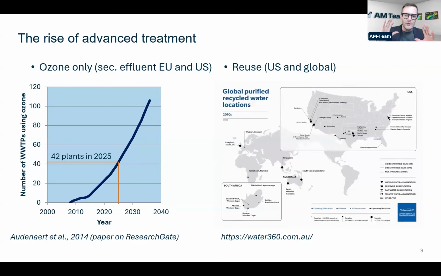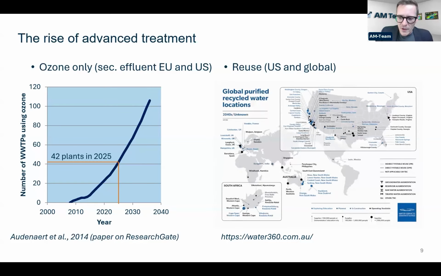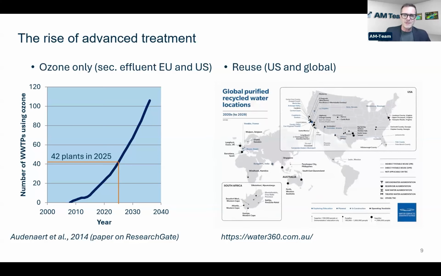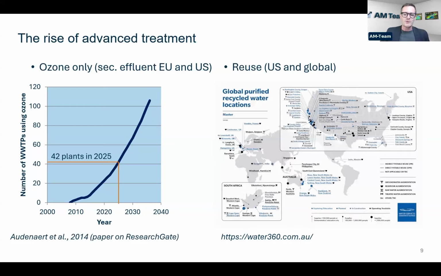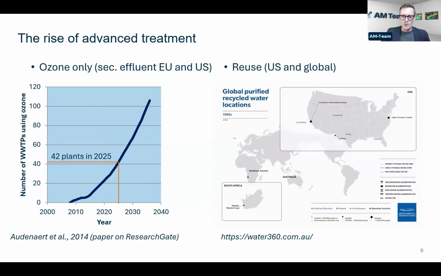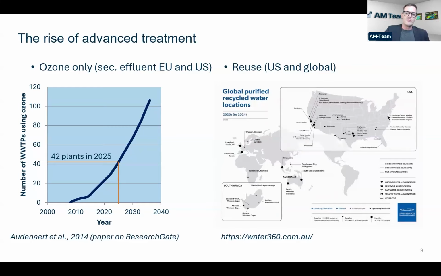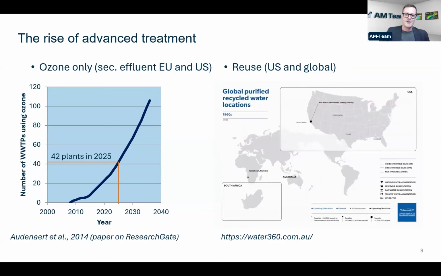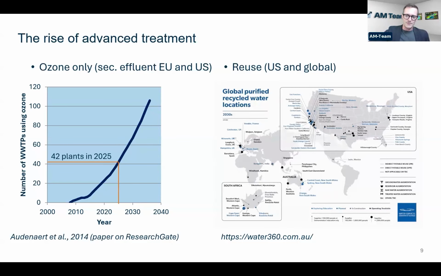But if we only look at reuse, the Water Services Association of Australia, WSAA, has published this very nice website. It's really worth going through, water360.com.au. And you can see the development of reuse projects and look at the exponential explosion we have. It predicts until 2040.